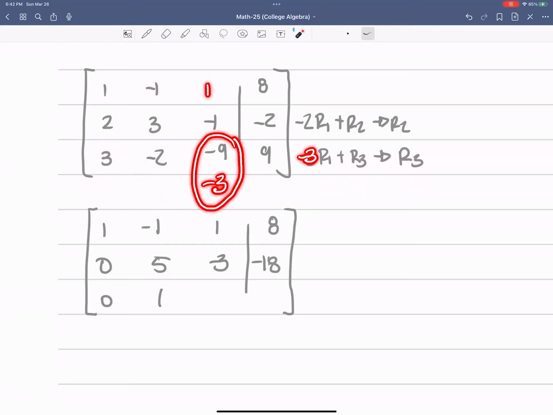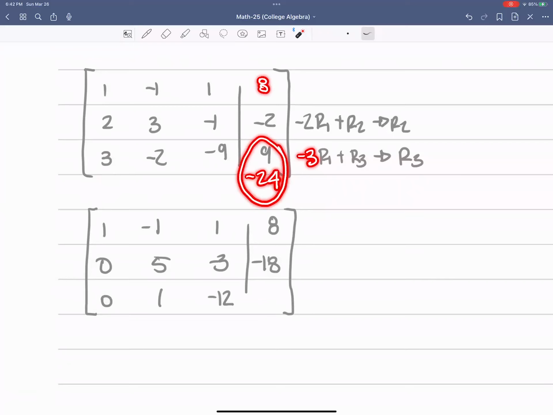Plus a -9 is going to be a -12. And lastly, 8 times -3 is going to be a -24. -24 plus 9. What is that? -15.